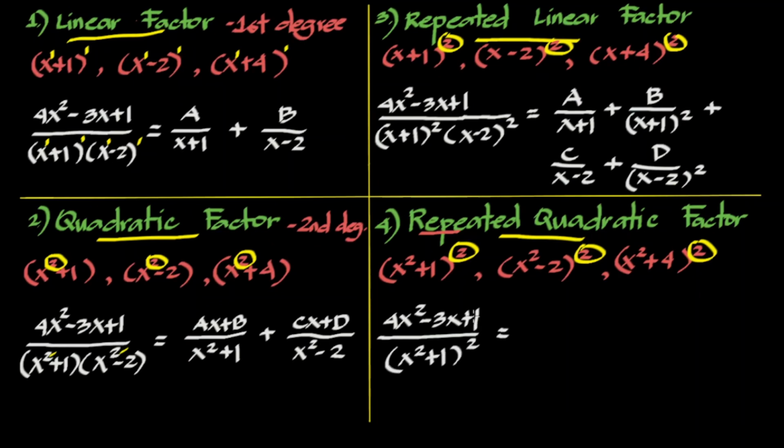So, ang gagawin is, since quadratic siya, so we have ax plus b over x squared plus 1 plus cx plus d over x squared plus 1 squared. Ayan.